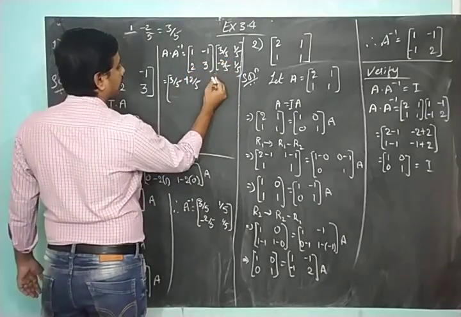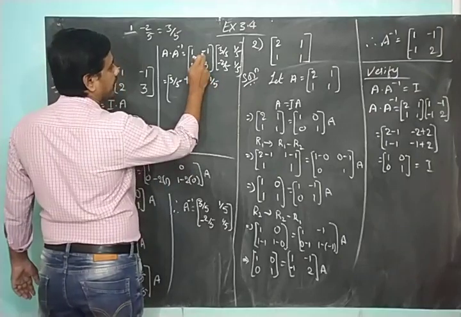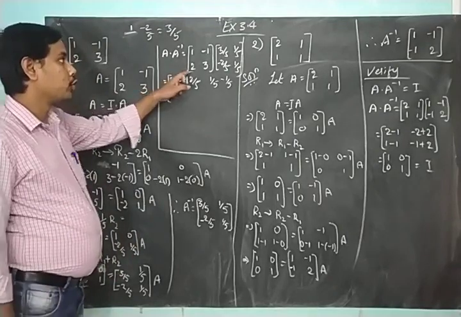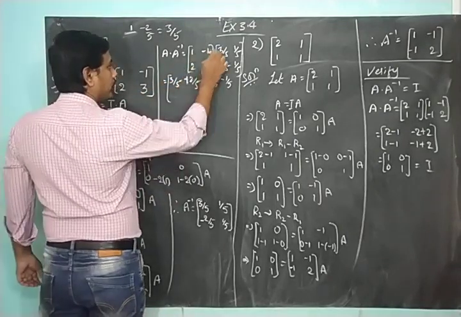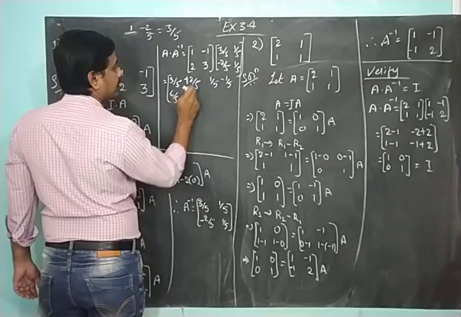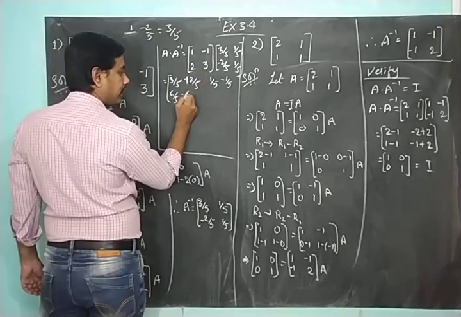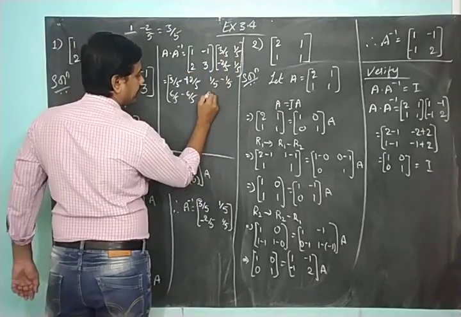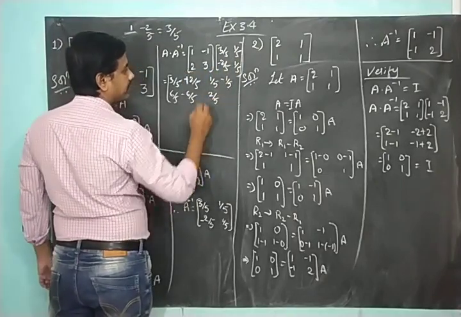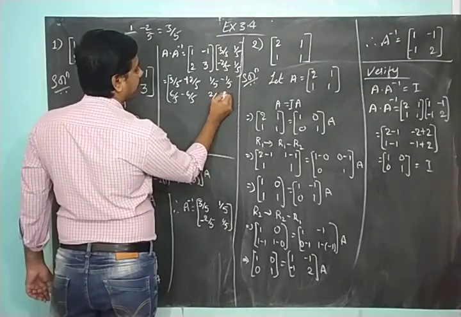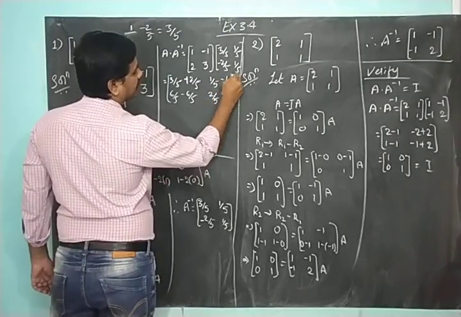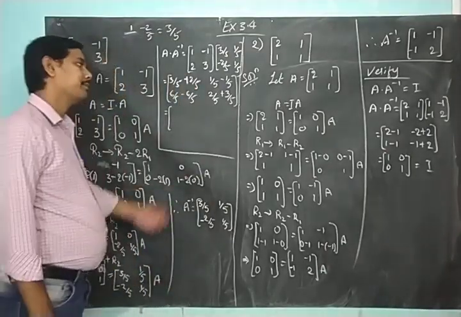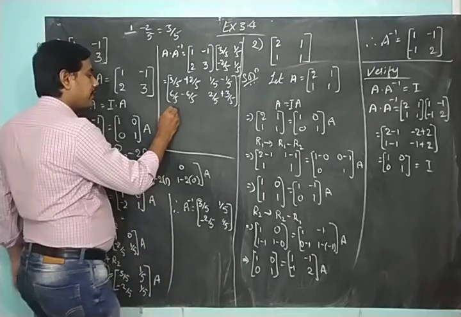Next, 1 into 1 by 5 is 1 by 5, minus 1 into 1 by 5 is minus 1 by 5. 2 into 3 by 5: 2 into 3 is 6, so 6 by 5. 3 into minus 2 by 5 is minus 6 by 5. Now 2 into 1 by 5 is 2 by 5, 3 into 1 by 5 is plus 3 by 5. So what will we get here? 3 by 5 plus 2 by 5, 3 plus 2 is 5, 5 by 5 is 1.